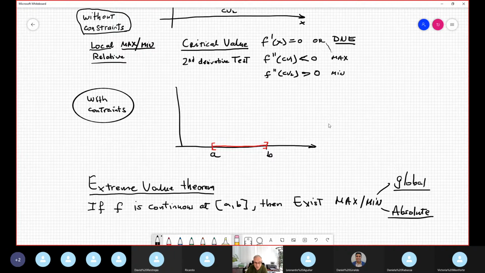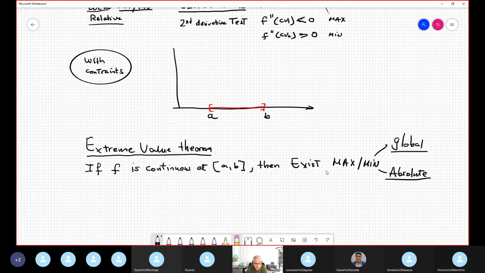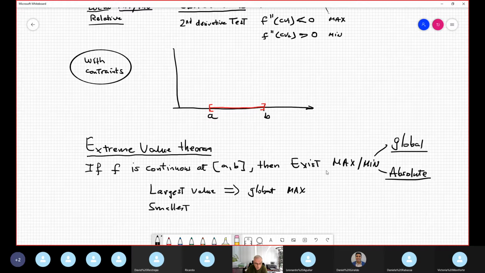This is easy because for global or absolute, you take the largest value of the function, which indicates the global max, and the smallest value indicates the global min.